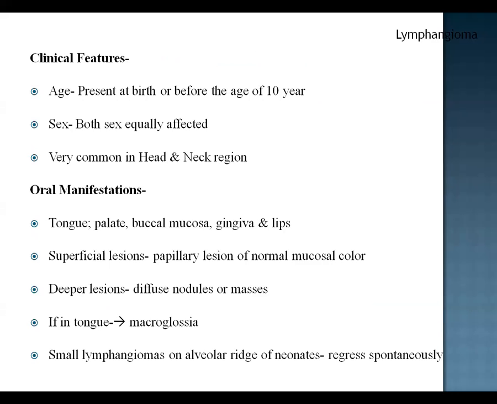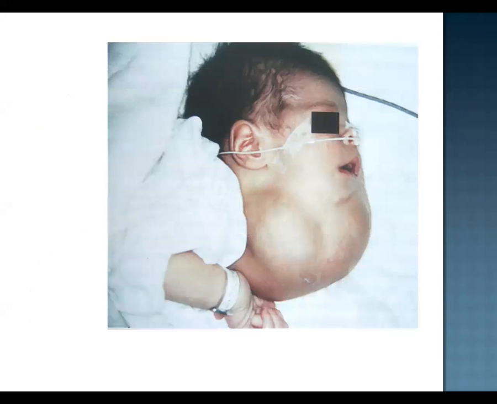Superficial lesions show capillary lesions of normal mucosal color. Deeper lesions show diffuse nodules or masses. If in the tongue, it is called macroglossia. Small lymphangiomas on the alveolar ridge of neonates regress spontaneously. Picture of lymphangioma in a newborn baby.